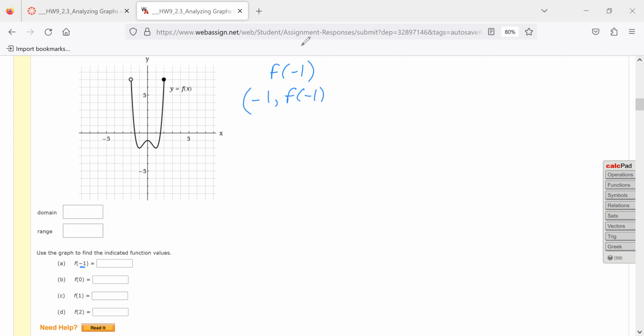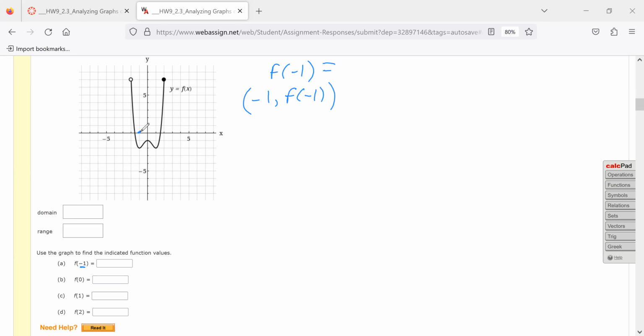Now, f of -1. So that's what I meant with the function. Yeah, the y value at the x. That's a great way to put it, Carlos. -1. F of -1. So here's -1 right there, right?